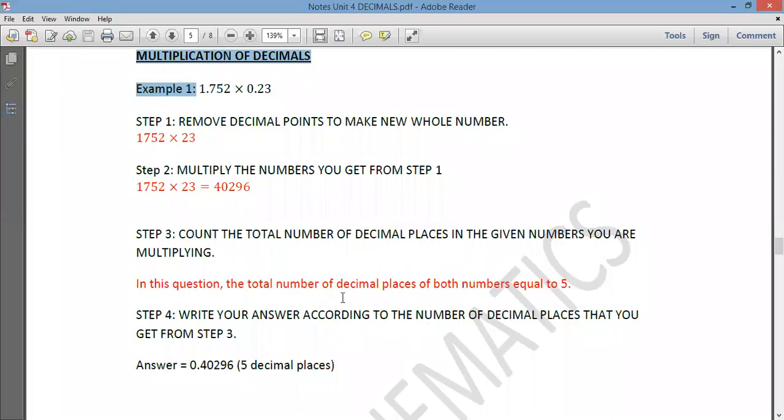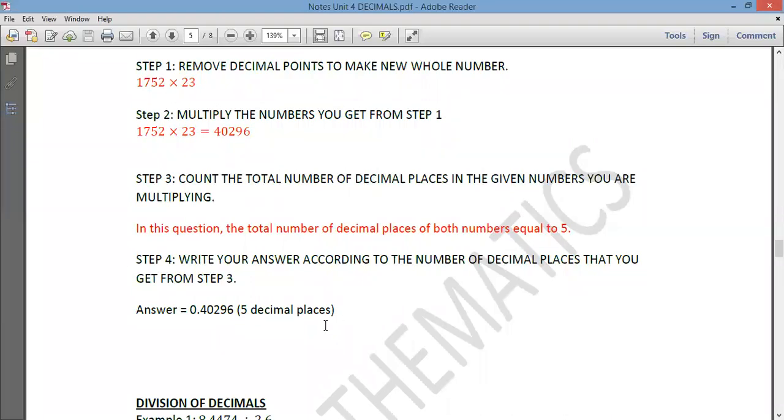So back to this one, you put your final answer with 5 decimal places. You count from the back, 1, 2, 3, 4, 5. So your answer will be 0.40296, with 5 decimal places.